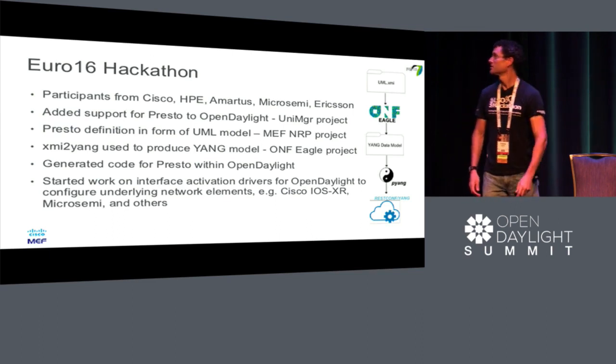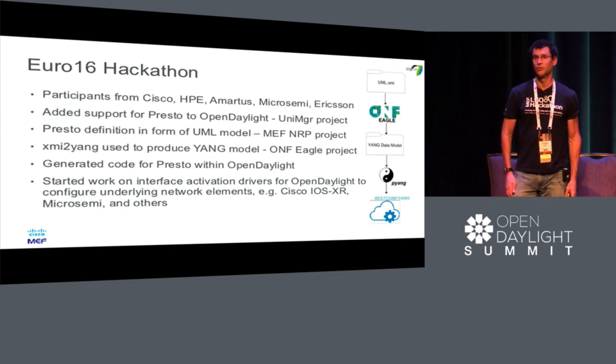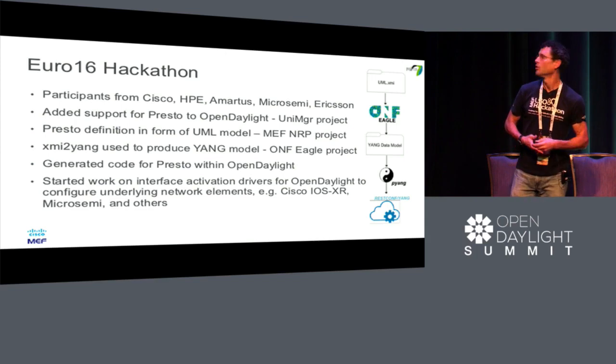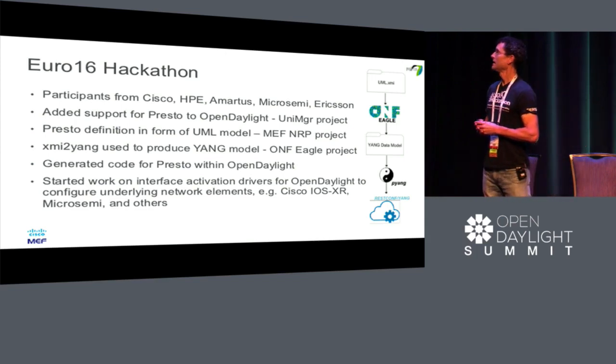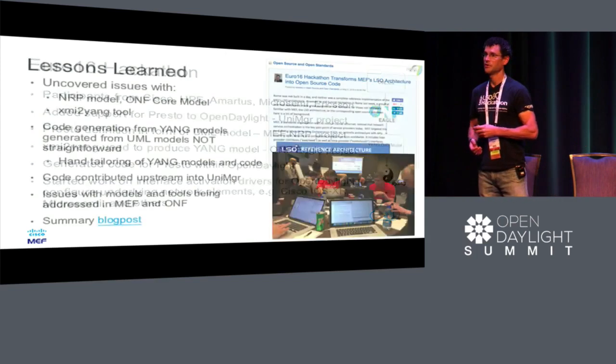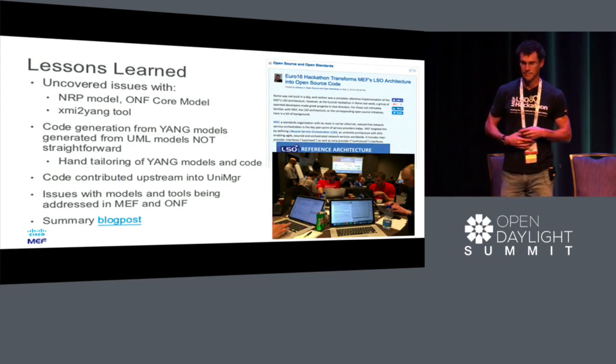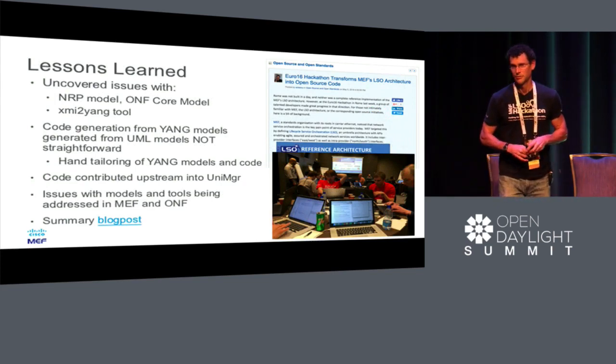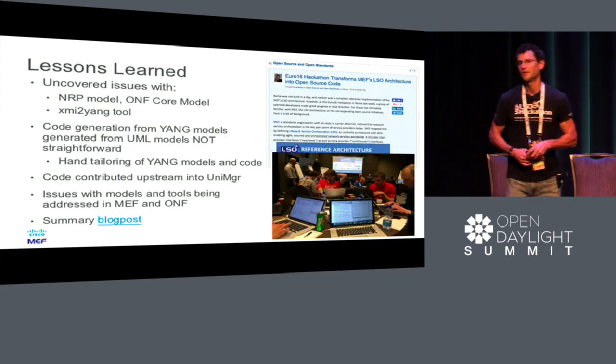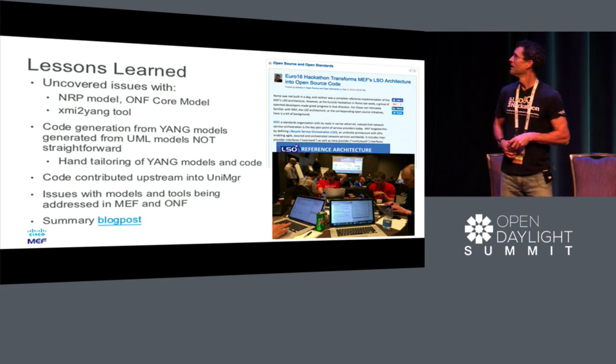That's really the idea there. So we did that. That was contributed back into OpenDaylight, and I just wanted to share with you some of the lessons learned, because we did get something working, but it wasn't quite as straightforward as you may have thought from the previous description.